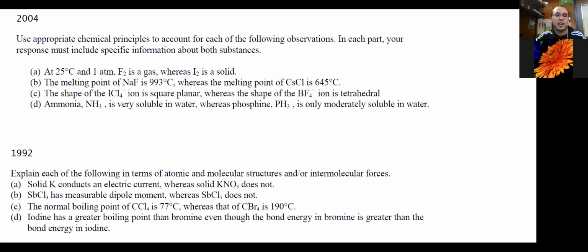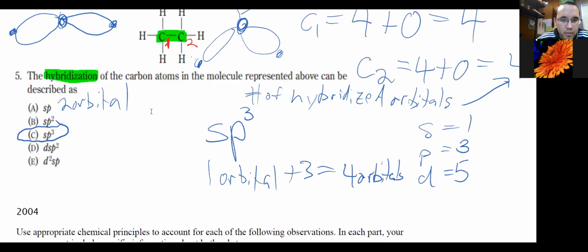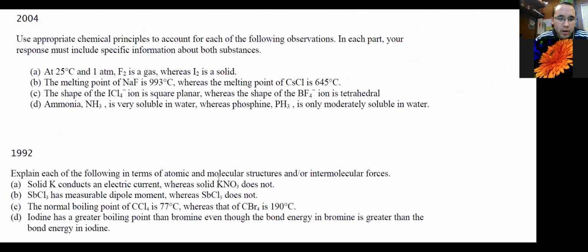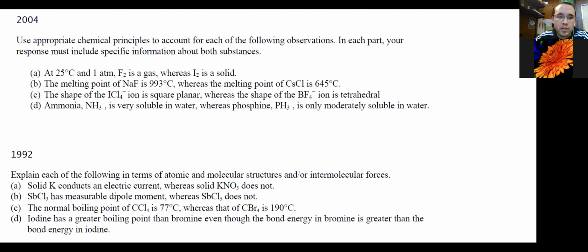On the first one, it's asking us why is fluorine a gas compared to iodine being a solid, right? And so we're trying to figure out that difference there. So what force determines whether you're a gas or a solid? What dictates that?